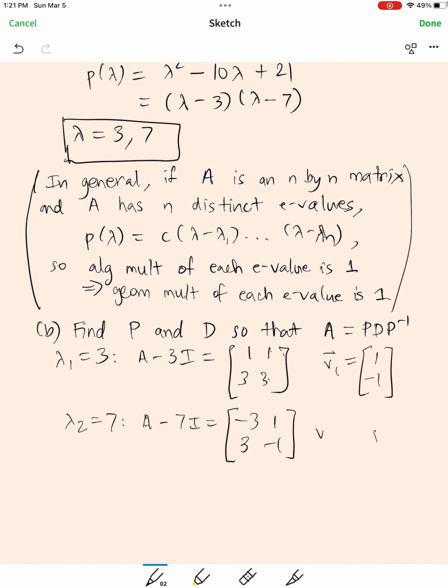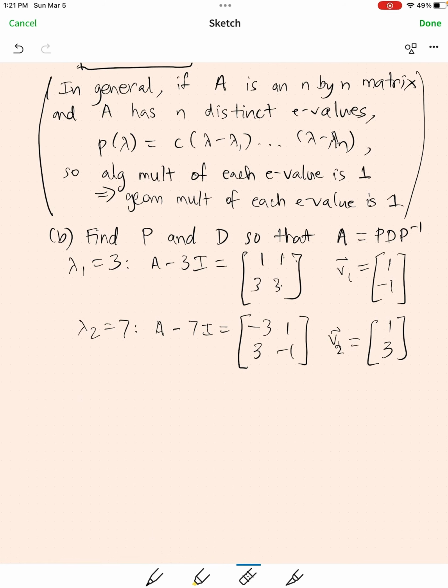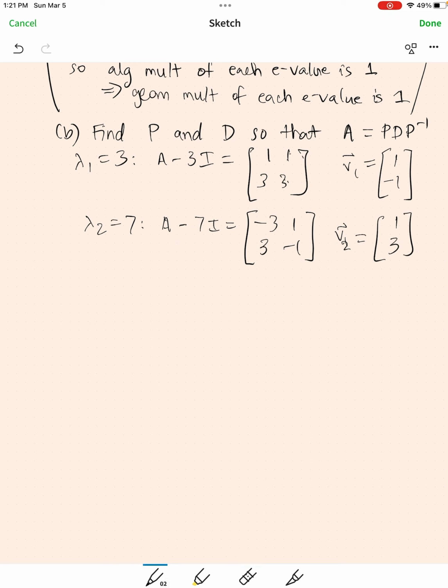No, it's just a coincidence that you can use 1, negative 1 and, oh wait, no. Before it was 1, 1. This time I think we're going to need, how about 1, 3? Yep, the dot product is 0. And so once we have that, it's just a matter of putting it together. So P can be 1, 1, 1, 3, and D is going to be 3, 7.